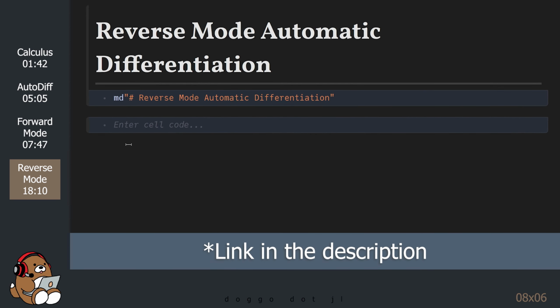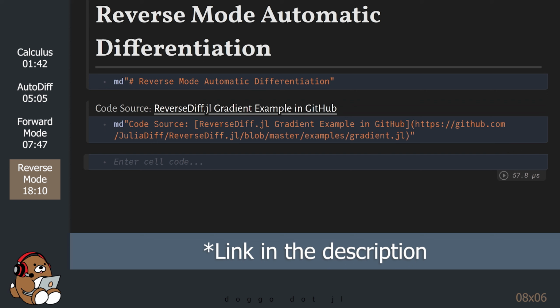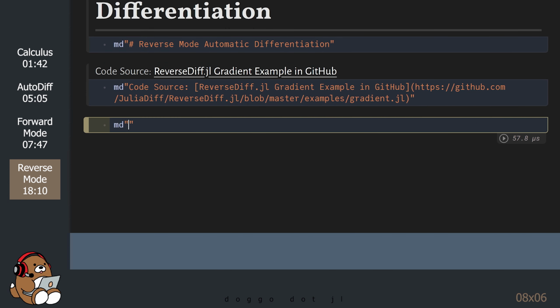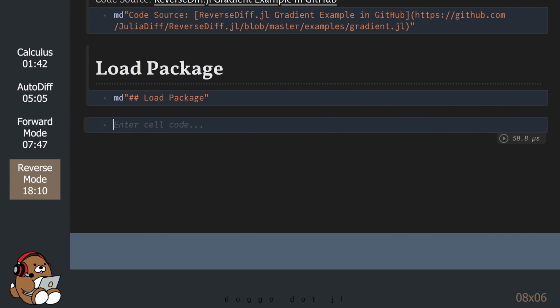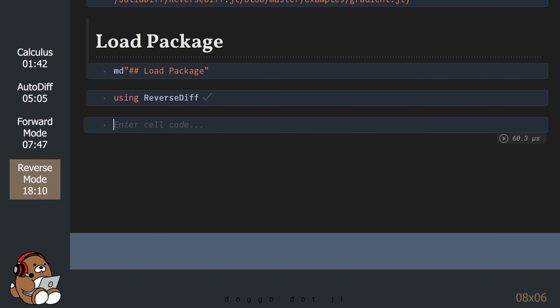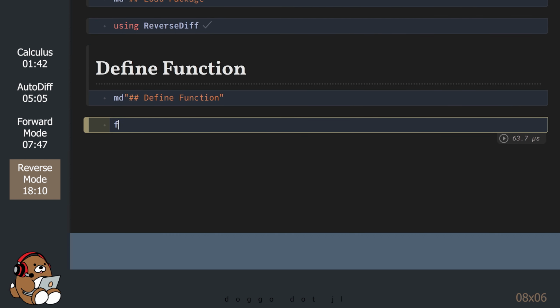I took the code for this section from the examples folder in the GitHub repository of the reversediff.jl package. For this notebook, all we need is the reversediff.jl package. This function is from the reversediff.jl example file.